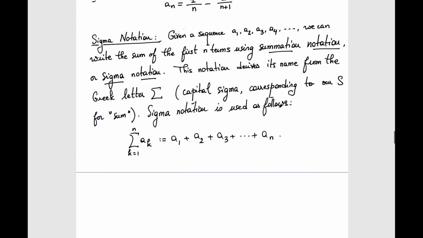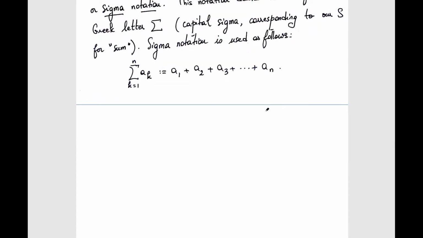Let me take this example to this blank page here. So this is example 5, and it goes like this. What do we have? We have a sub n equal to 1 over 2 to the power n, for all natural numbers n, right? So what does it mean?